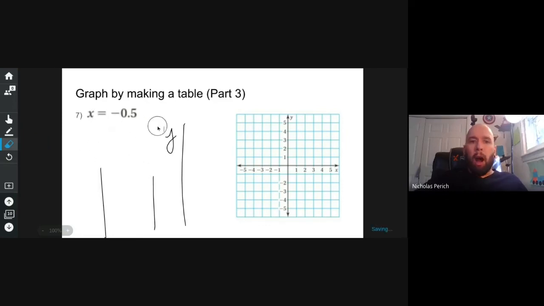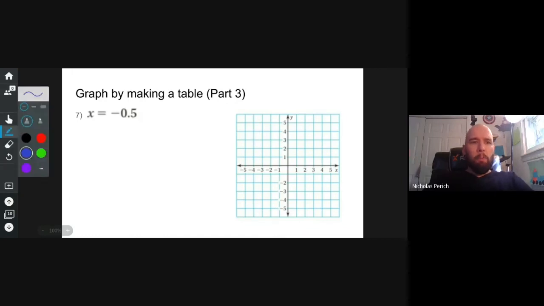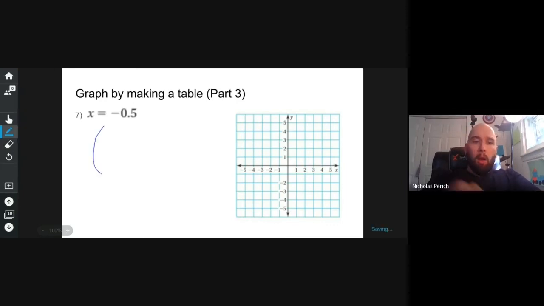Is this a trick problem? I think it is. There's no y. Well, how am I supposed to graph something if there's no y? Easy. x is negative 0.5. If x is negative 0.5, that means no matter what, x is going to be negative 0.5.